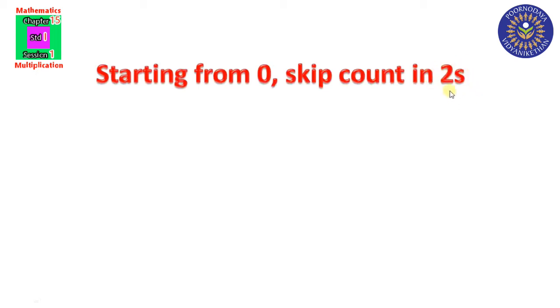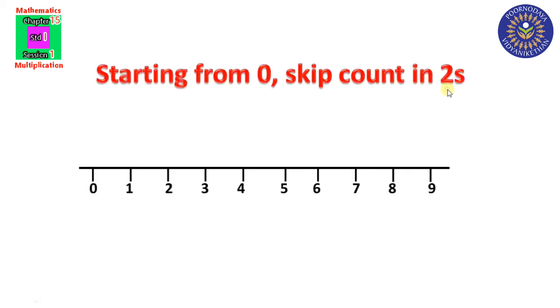Did you understand? Now, what we have to do? First we have to draw a number line and then skip the fixed number and continue counting. So we have to start from 0. Okay, 0 to skip count in 2's. So first we have to skip 2 numbers from 0, 1, 2.